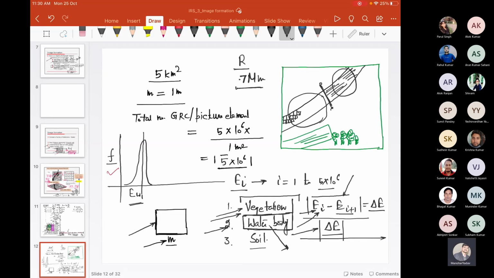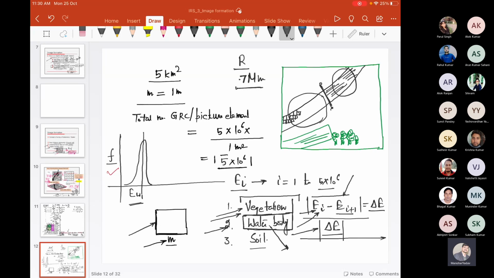I have a query based on the previous discussion, the detailed analysis we had while discussing the spectral signature of water and how it differs with respect to the turbidity level.